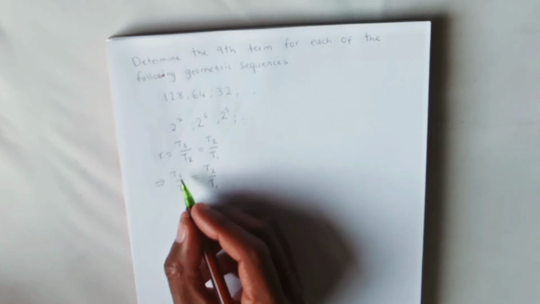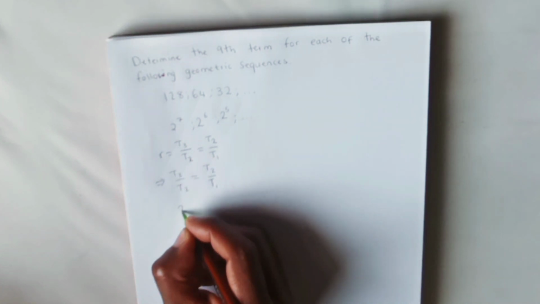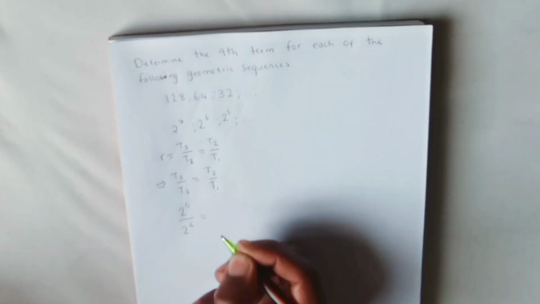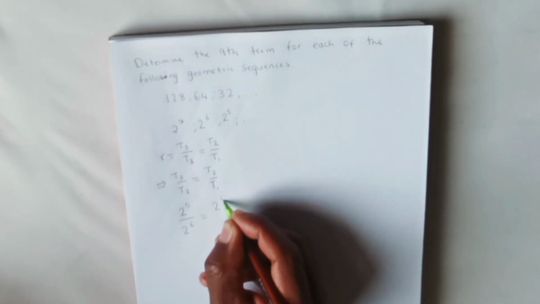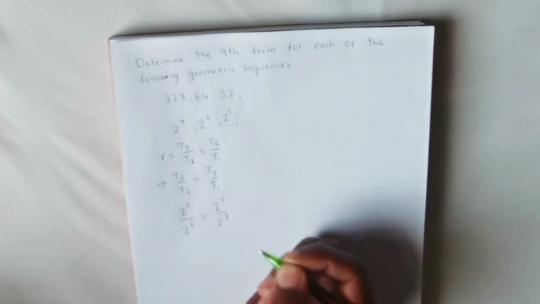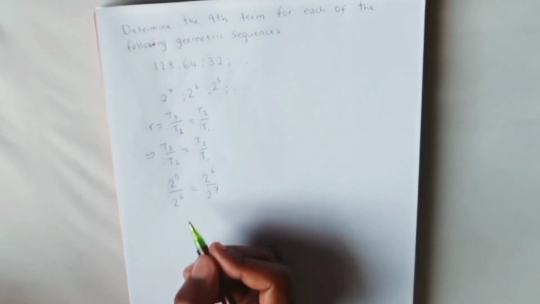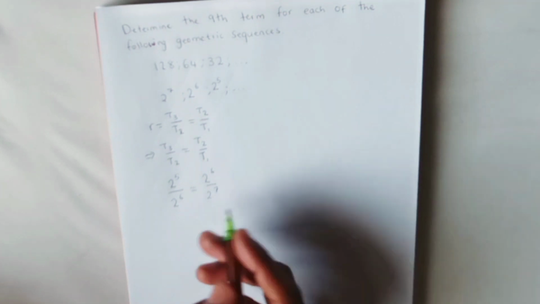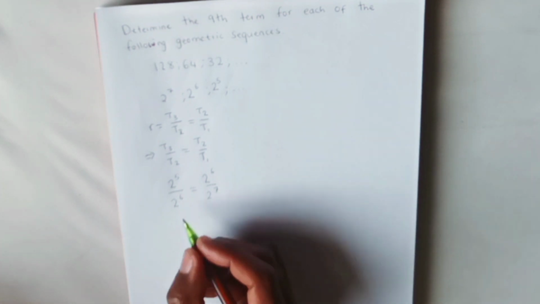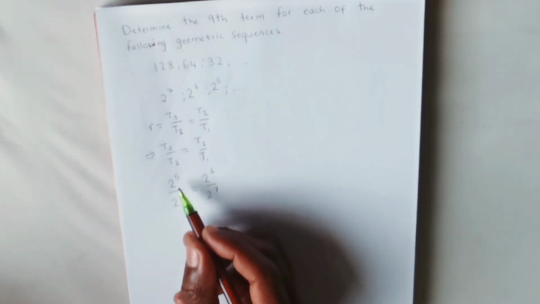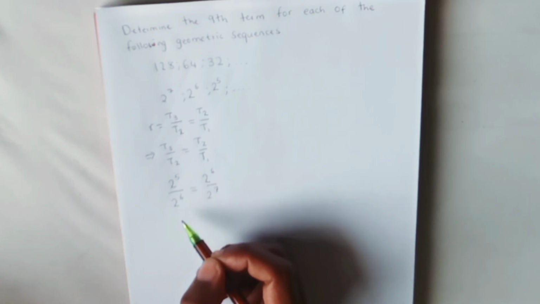So using T3, what's T3? T3 over T2 is 2 to the power 5 over 2 to the power 6. It must be equal to 2 to the power 6 over 2 to the power 7. According to the quotient exponential rule, when you divide with the same base, you just subtract the exponents.